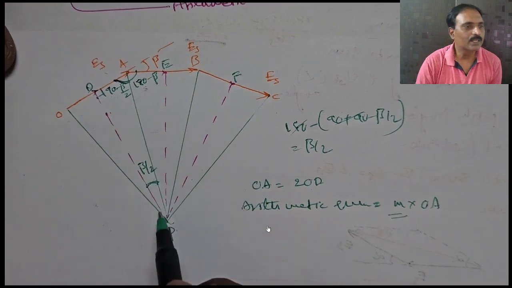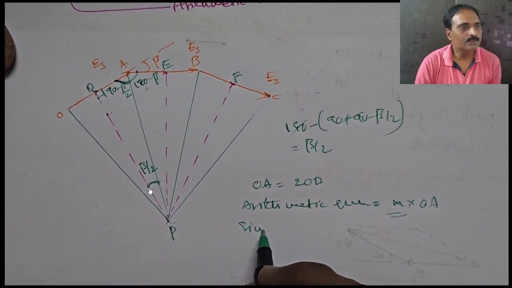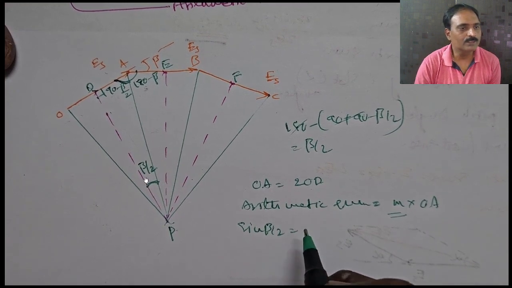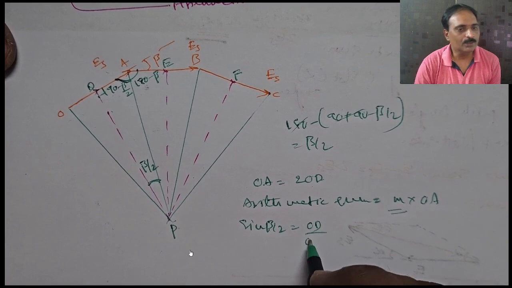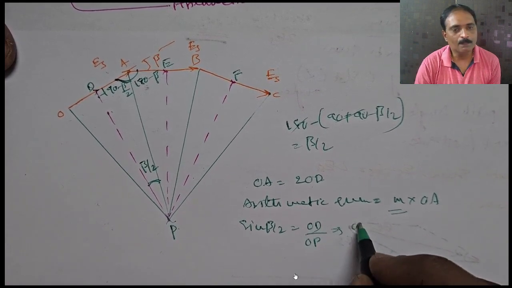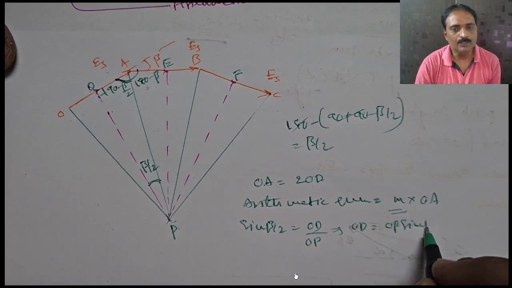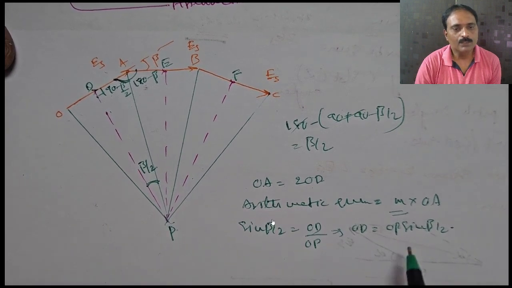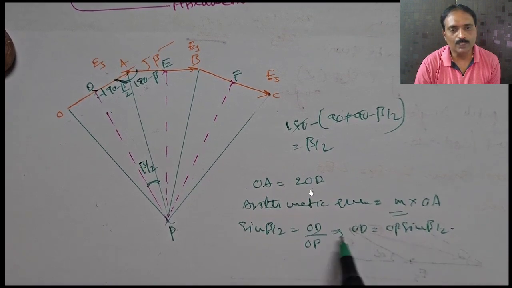Now if you consider the right angle triangle ODP and consider the sine of beta by 2, sine beta by 2 is equal to opposite side by hypotenuse, OD by OP, and from this we get OD is equal to OP sine beta by 2. And we know the arithmetic sum is equal to m into OA, that is 2 OD.